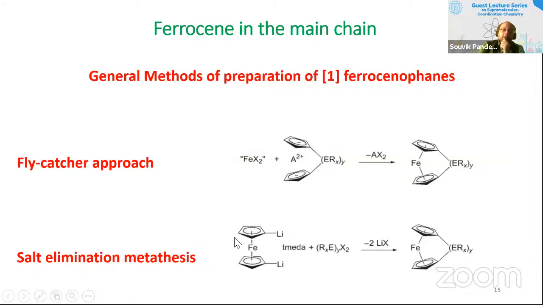And one more technique is salt elimination metathesis. In our laboratory, during my research work, we used this technique to get this kind of compound. We use n-butyl lithium and TMEDA to obtain this dilithiated product, and then we use an element with a halide compound for substitution, which will leave lithium chloride or lithium bromide out, and will ultimately give you this kind of strained structure.